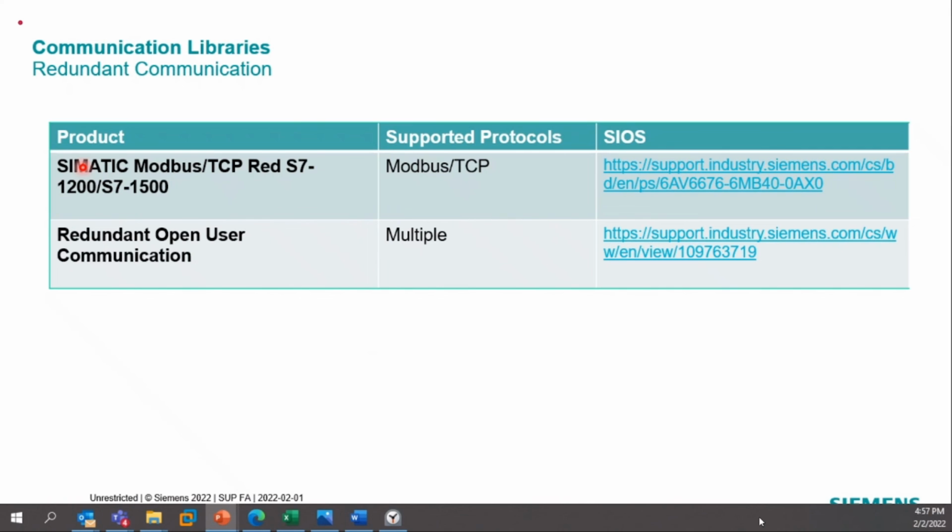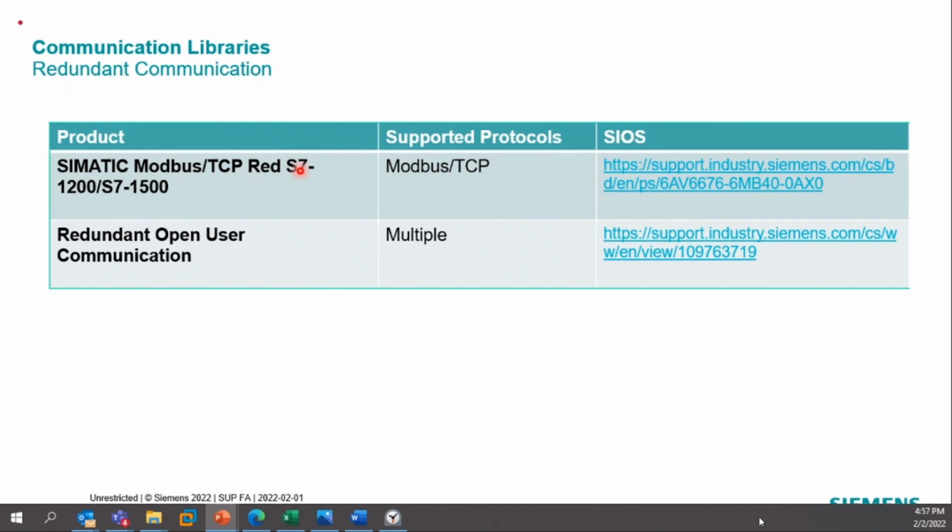This is for the Modbus TCP redundant library. This is also possible with S7-1200 and 1500 and also 1500 R/H. So if there is a Modbus TCP redundant communication requirement and you want to use that block, it comes at a cost, because this is a licensed one.